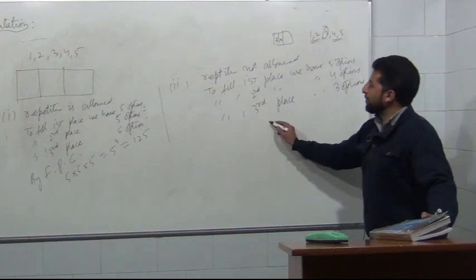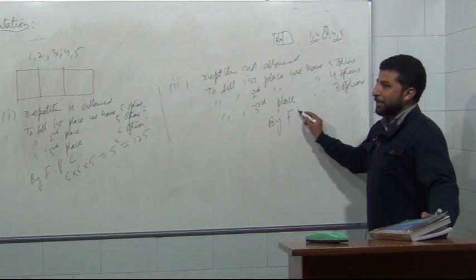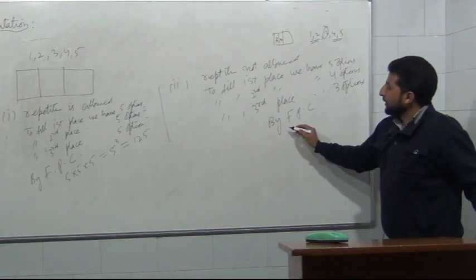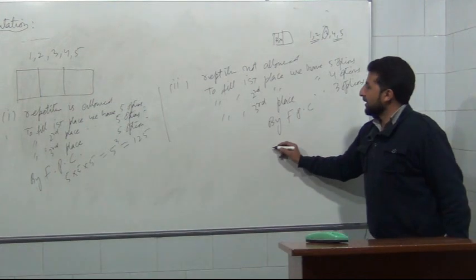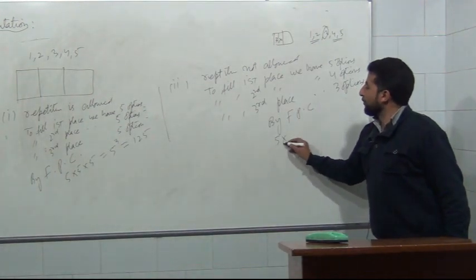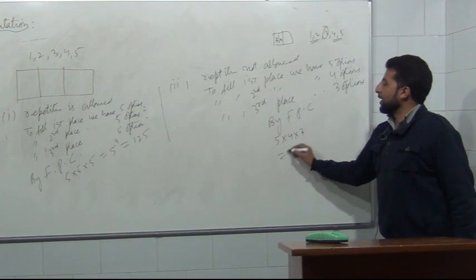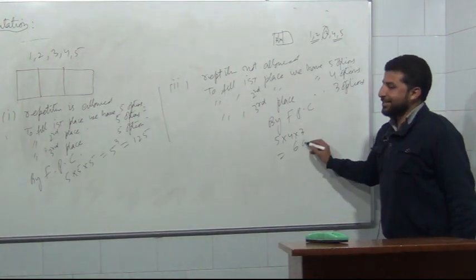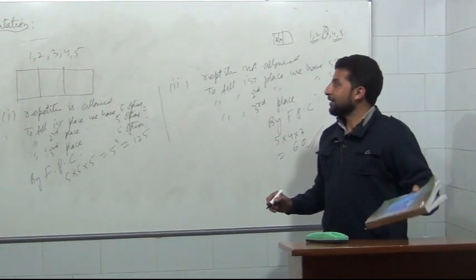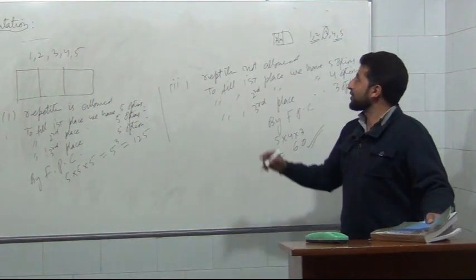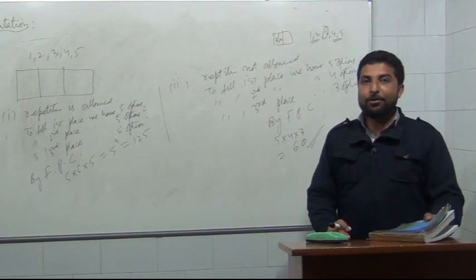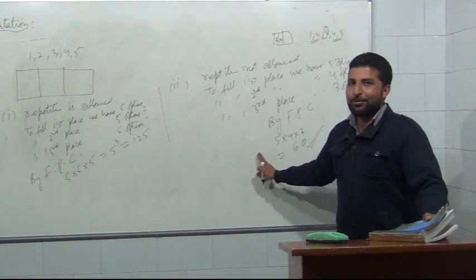Good. Thus by FPC, by fundamental principle of counting, the total number of such numbers is 5 into 4 into 3. That is 5 4s are 20, 20 3s are 60. You have 60 such numbers formed by the digits 1, 2, 3, 4 and 5, where repetition is not allowed.